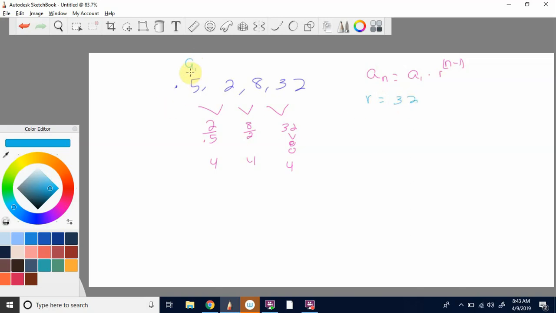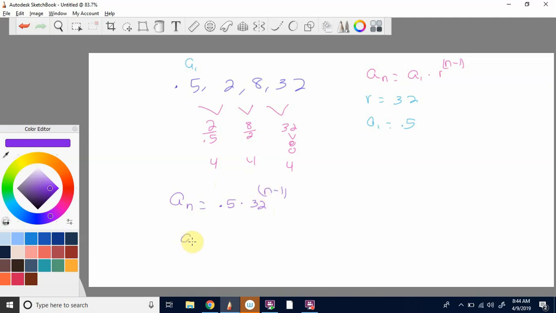Do we know a sub 1? Isn't this my first term? So a sub 1 equals 0.5. So my formula is going to be a sub n equals 0.5 times 32 to the n minus 1. Oops, I did this wrong. Okay, so r is 4. Oh, sorry.